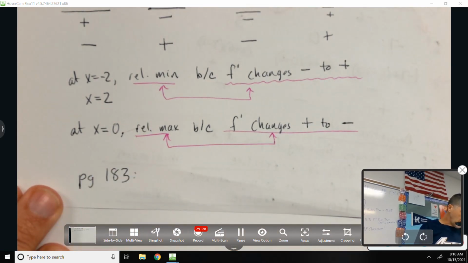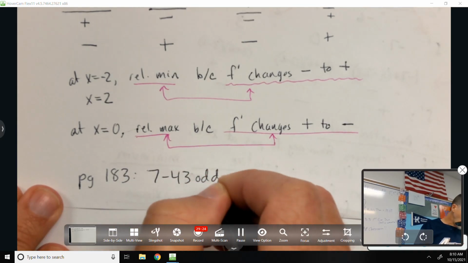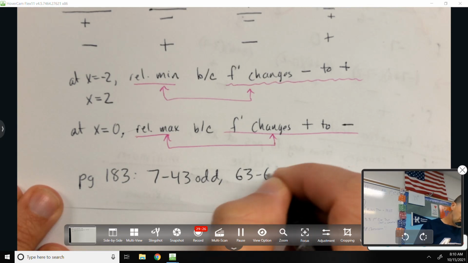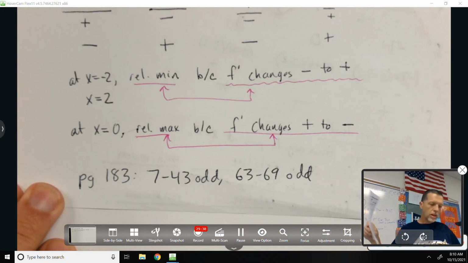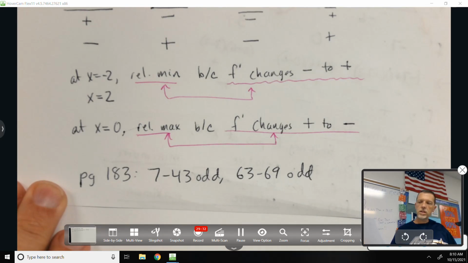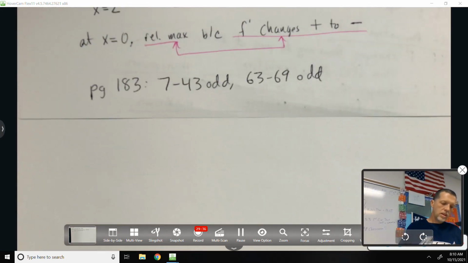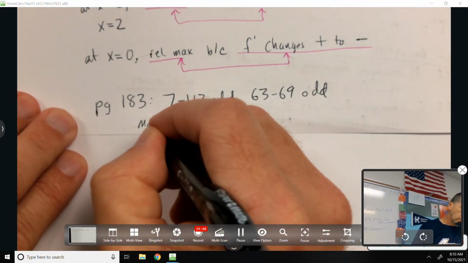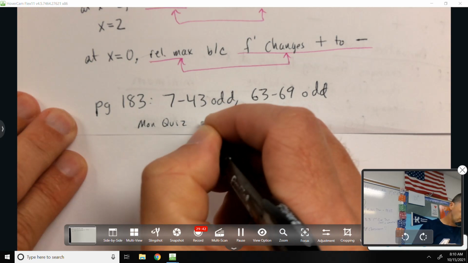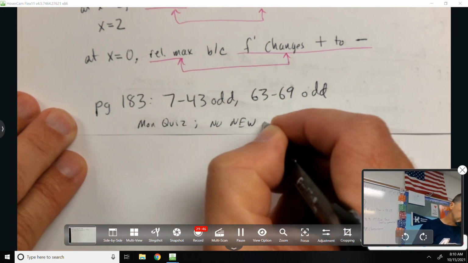All right, the assignment's page 183, 7 to 43 odd, 63 to 69 odd. Let's put it on here. Monday we'll have a quiz, but we'll also have no new notes.